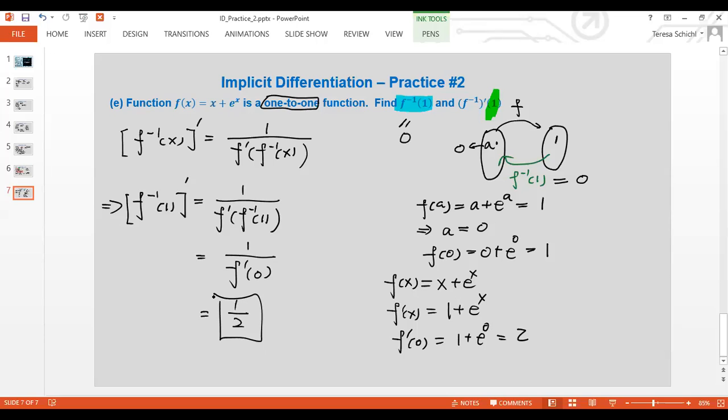Especially the last two problems: if I give you a function, how do you find the derivative of the inverse function? The first three problems practice the implicit differentiation concept on trig functions as well. The formulas for the inverse trig functions are already derived, but if you know how to use the implicit differentiation skill, you don't need to remember those formulas.